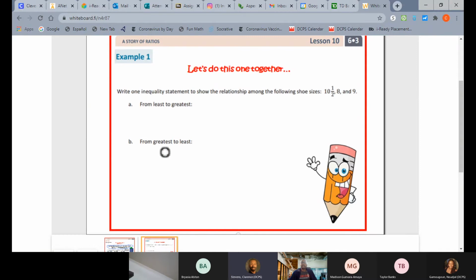So, which of these numbers is the lowest, Briasia? 10 and a half, 8, or 9?